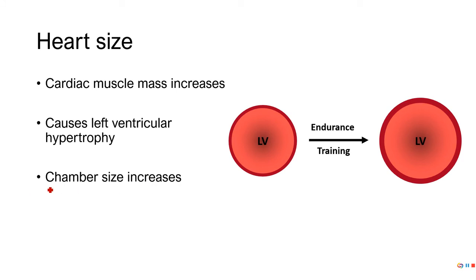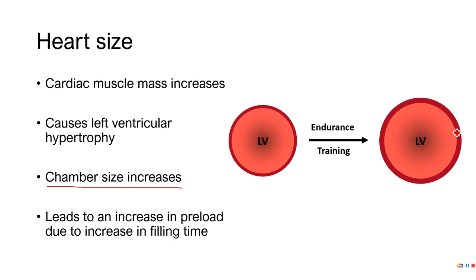There are people with heart disease who have cardiac hypertrophy, but the heart muscle gets bigger while the volume of the chamber inside actually gets smaller, and you get really thickened walls. That's not what's happening with changes due to aerobic training.